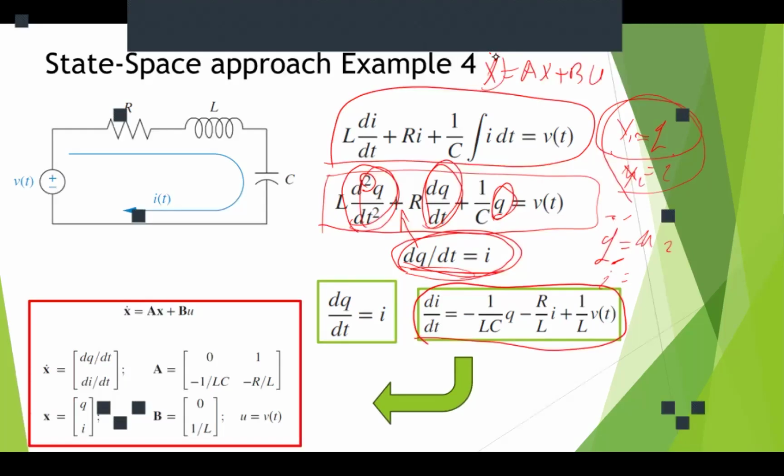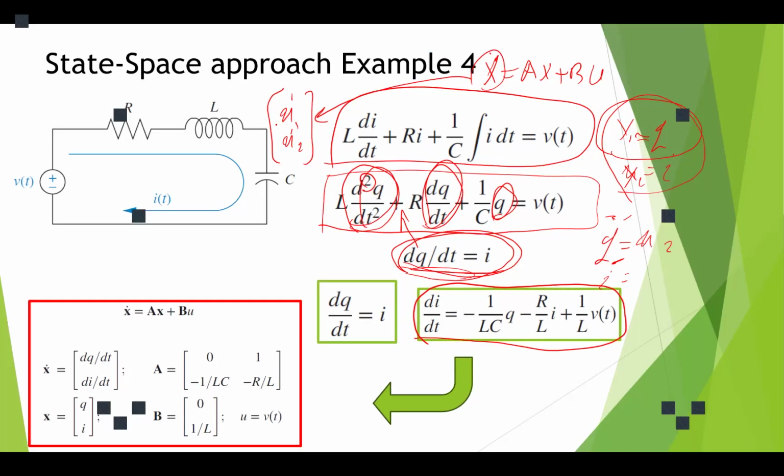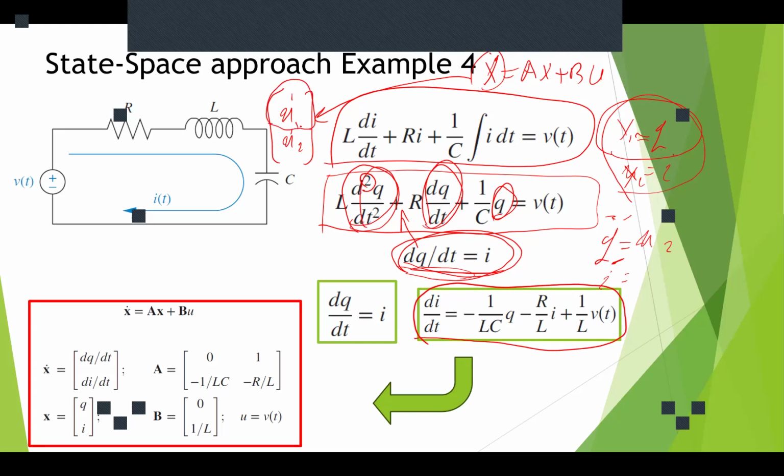So we need the x dot. What is x dot? x dot is x1 dot and x2 dot. Are we okay? So we need to have two first order differential equations that can describe x1 dot and x2 dot based on x1, x2, and input.